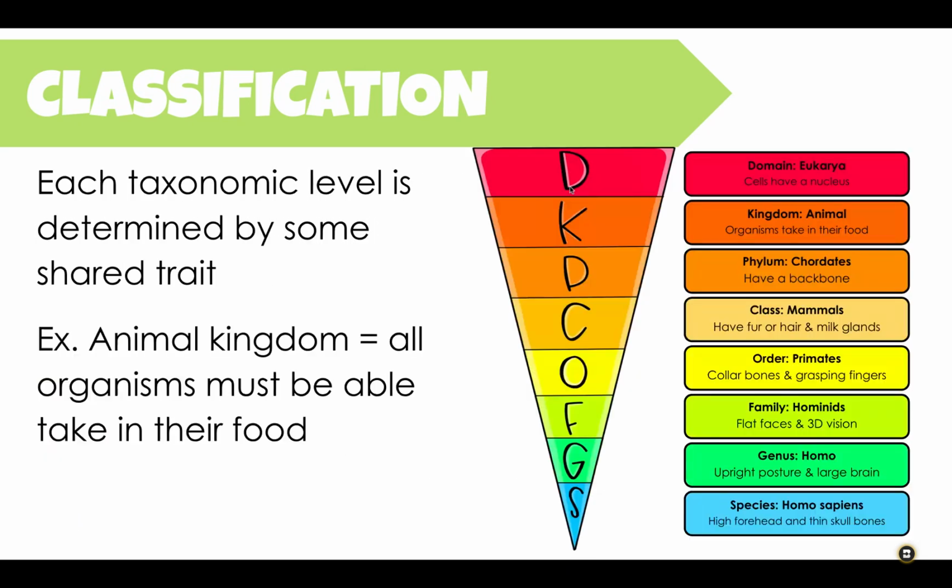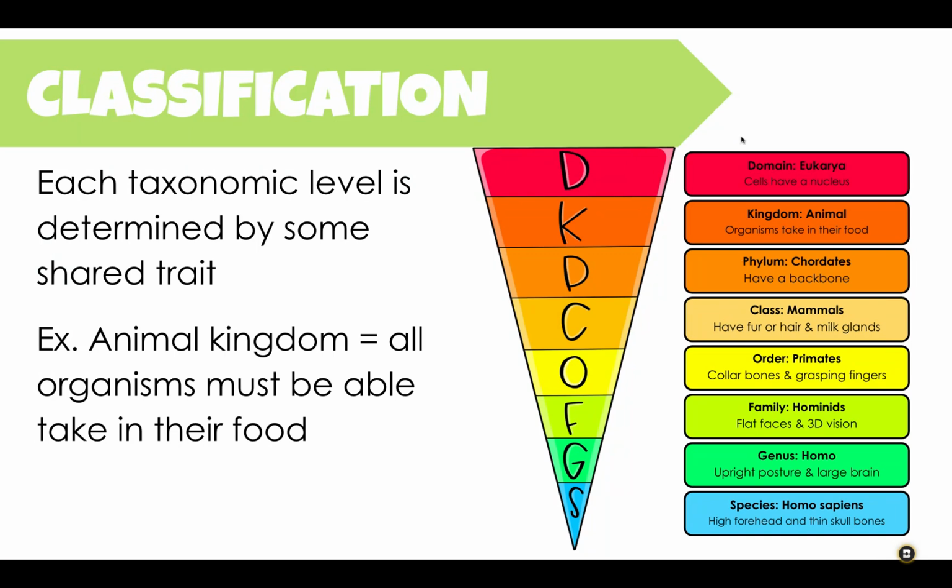But if we start with the D in this inverted pyramid, that part of this diagram is the largest chunk of the pyramid here. And D stands for domain. This is the largest classification group that an organism is going to belong to. It's the most broad, most general.